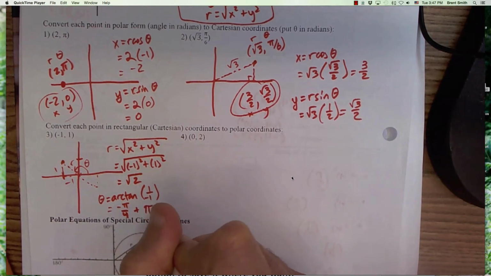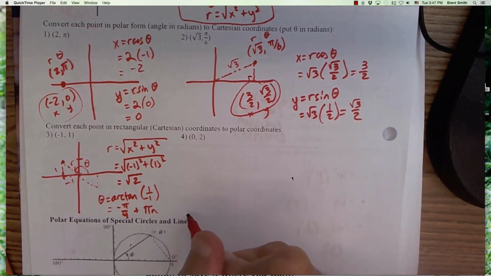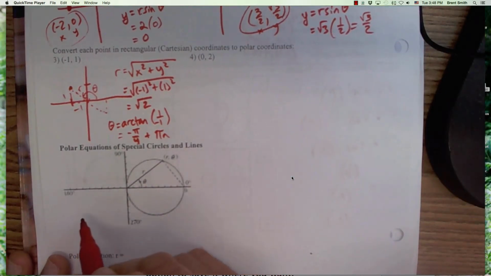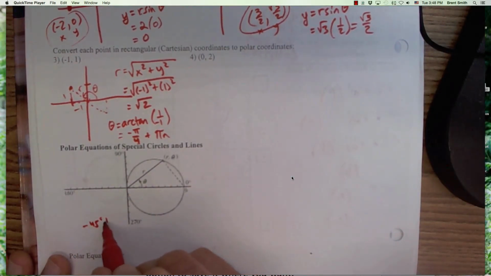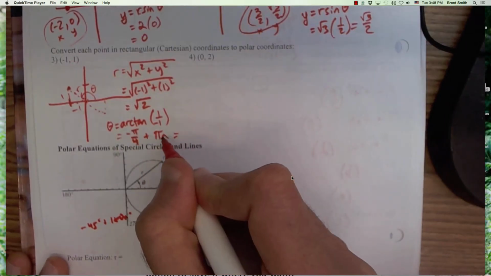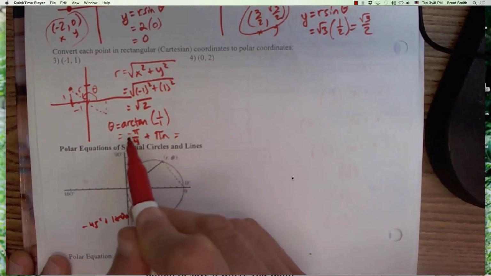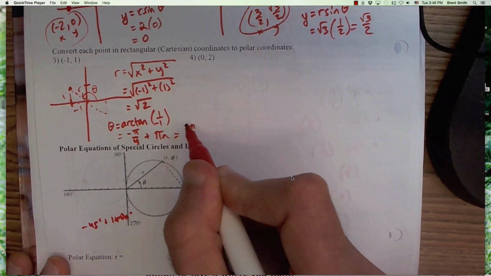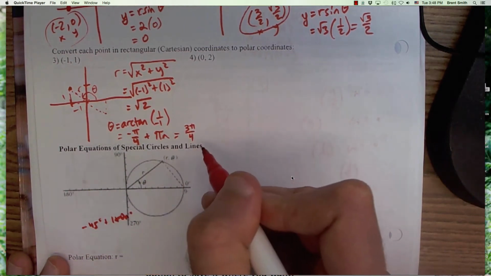So we'll say plus pi n, because we're doing it in radians. You could have also written negative 45 degrees plus 180 n, but we're using radians. So if I add 1 pi to that, 4 over 4 pi minus 1 over 4 pi gives us 3 pi over 4, which is 135 degrees.